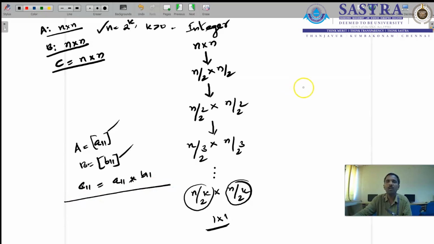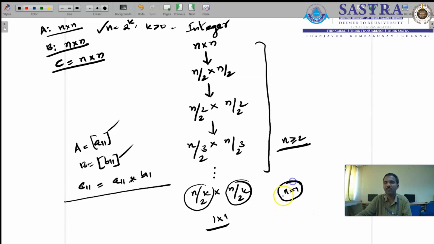So how long are we continuing the recursion? When the input size n becomes 1, at that stage we need to terminate the recursion. When n reaches 1, terminate the recursion.